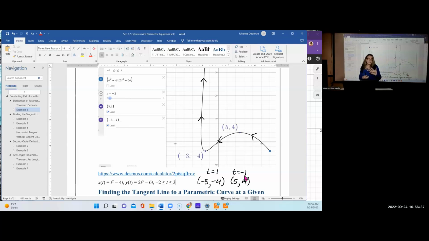So what about this last one that we have? Is it a relative extrema? I mean, it certainly doesn't look like there's another one. So let's go ahead and plug in that last one and see what we get. When t equals 2, I would get 4 minus 8, which would give me -4.